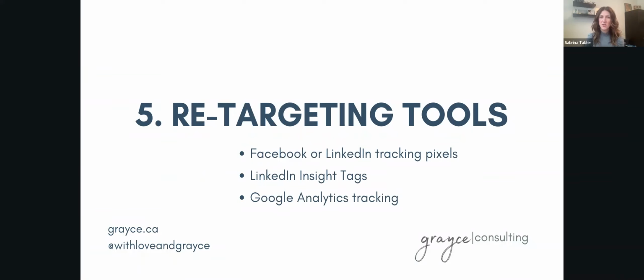And then there's retargeting tools. Not a lot of people are aware that these exist. They are behind the scenes. There are things like Facebook or LinkedIn tracking pixels, LinkedIn Insight tags, and Google Analytics tracking.